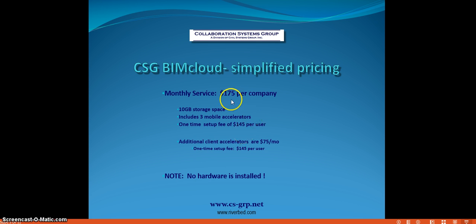If you're working with a consultant, we would charge each of you this fee, and each of you would have up to 3 users included. If you needed additional users, for those above 3, we charge an additional $75 per month, and we have a one-time only setup fee of $145 per user. Again, no hardware is installed on anybody's network.